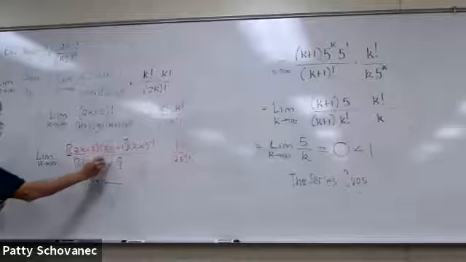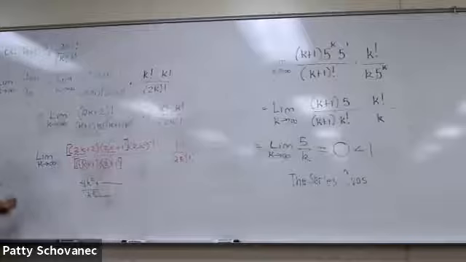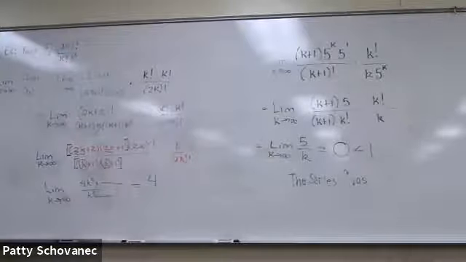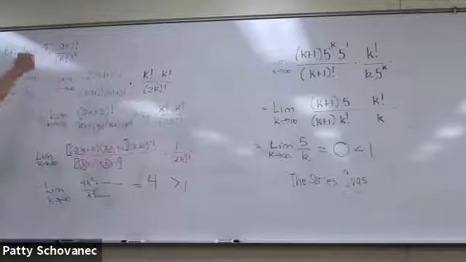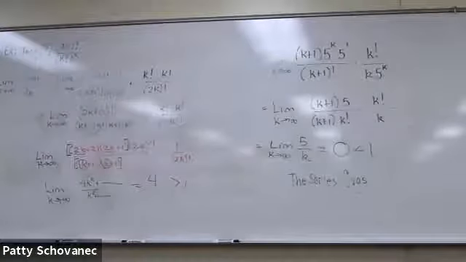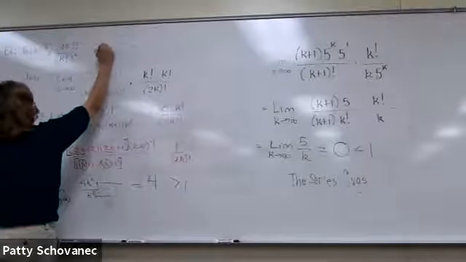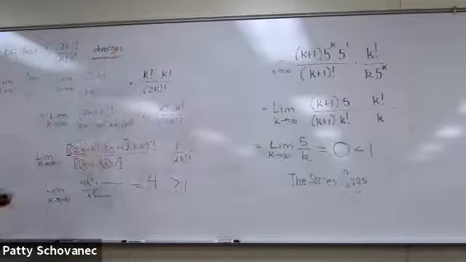That times that gives you a k squared plus lower power terms. So that limit is equal to 4. So that's bigger than 1. And our conclusion now is that this series diverges. Limit is bigger than 1. Okay?